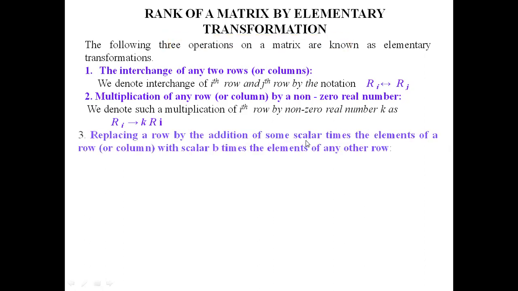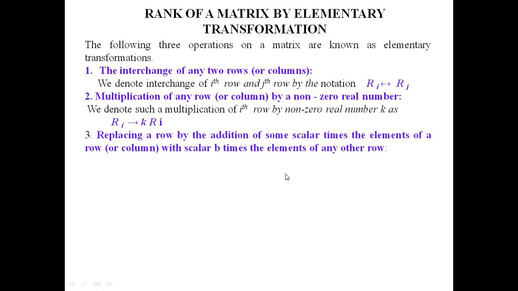One more operation is that you can add the corresponding elements of any two rows, or one row may be multiplied by a scalar, another row multiplied by another scalar, and then the corresponding elements added. That is called the third elementary operation. So there are three types of operations on a matrix.